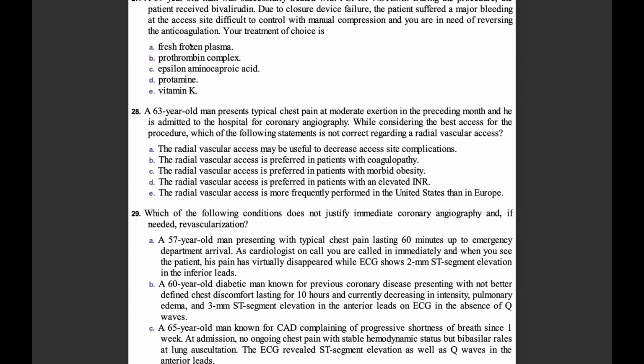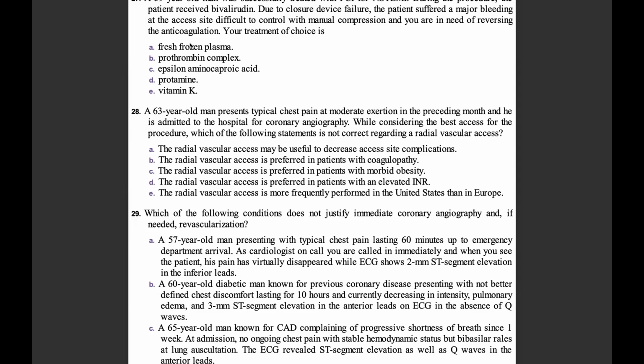For question 28, a 63-year-old man presents with typical chest pain at moderate exertion in the preceding month and is admitted to the hospital for coronary angiography. While considering the best access for the procedure, which of the following statements is not correct regarding radial vascular access?